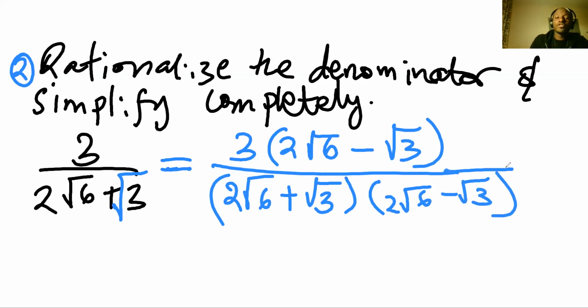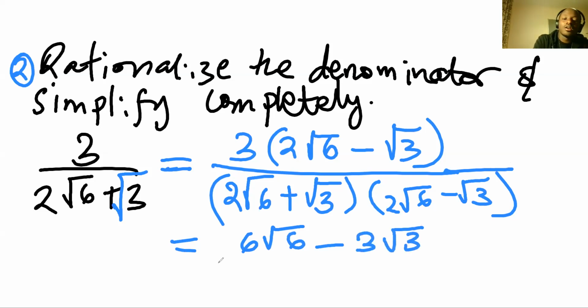Now, when you solve the numerator, that will be 3 times 2 is 6 root 6 minus 3 times root 3 is 3 root 3, over, so here you apply quadratic identities, which this times this is just what we've said, a squared minus b squared.